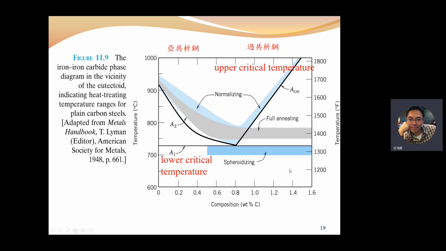So we can see these annealing processes in this figure. If we want to do the spheroidizing process, we just need to reach a temperature below the TE, the eutectoid temperature here, for a couple of hours, for the iron and carbon system.